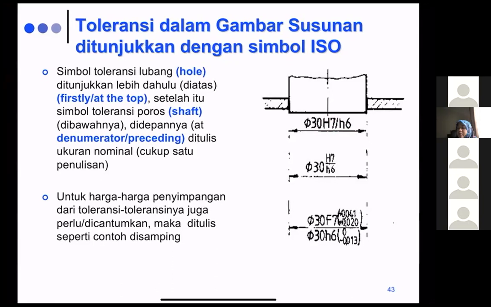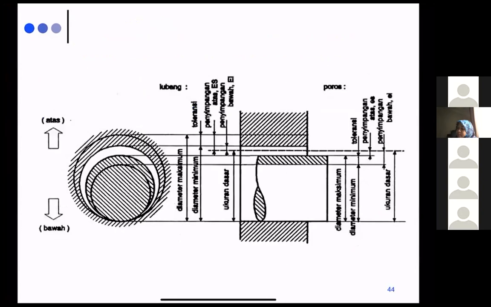We have to write the tolerance of the hole first, and then the shaft. Or we can write it like this, the hole and also the shaft. Or if you want, you can write the tolerance numbers again, but if it is too heavy, it is also fine to write this one.